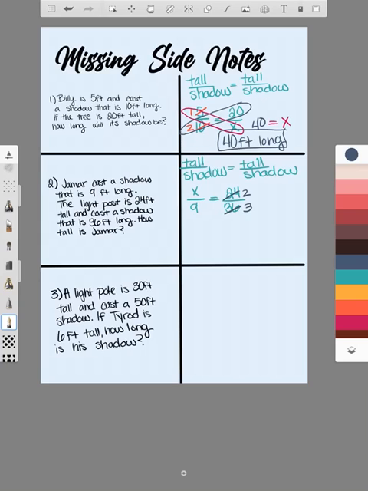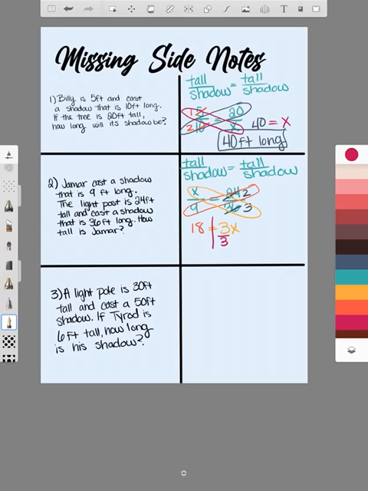All right, so now I'm going to cross multiply. I'm going to multiply 2 times 9, and I'm going to multiply 3 times x. 2 times 9 is going to get me 18, and then 3 times x is going to get me 3x. Now all that's left for me to do is to divide by 3 on both sides.